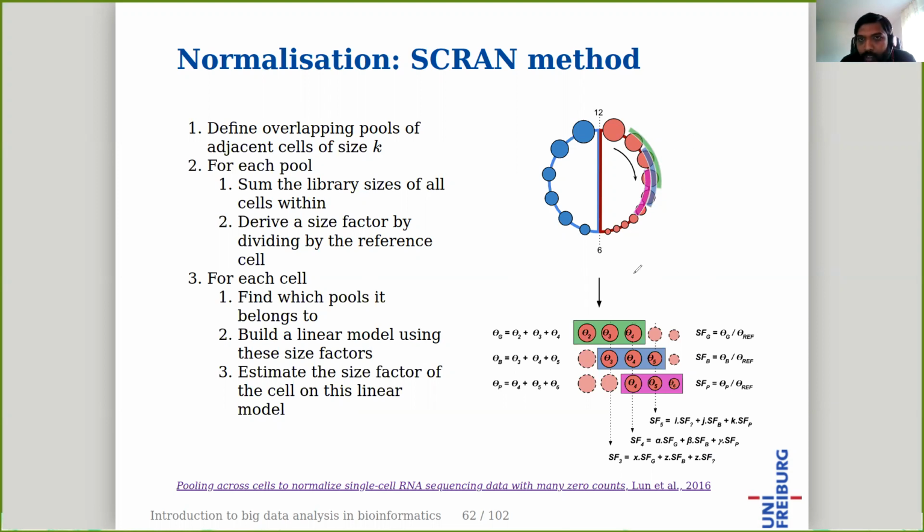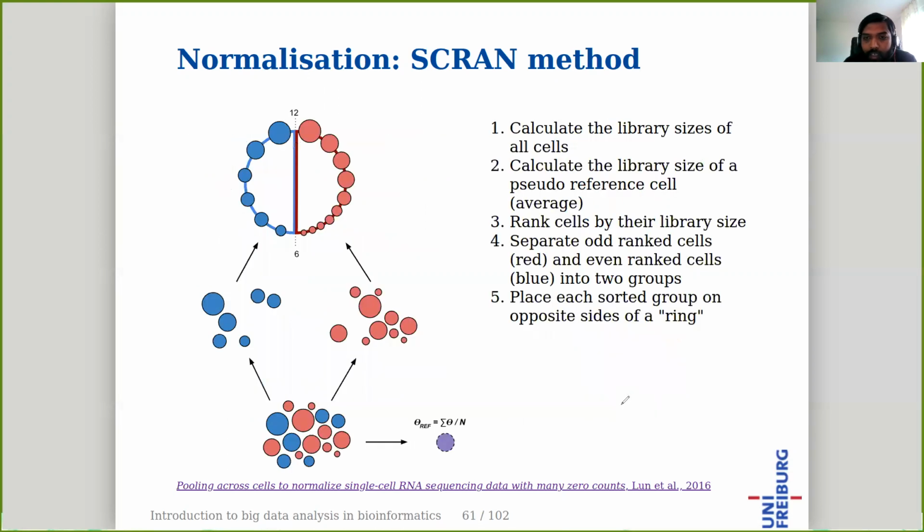For the second one, this green pool here, you have theta 2, theta 3, and theta 4. What we do here is calculate the size factor based on the library size of theta 2 plus theta 3 plus theta 4, divided by the theta ref that we calculated here.